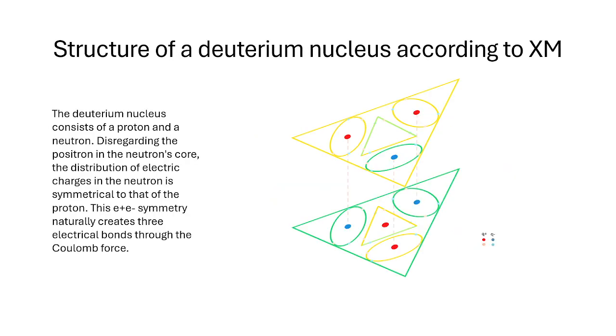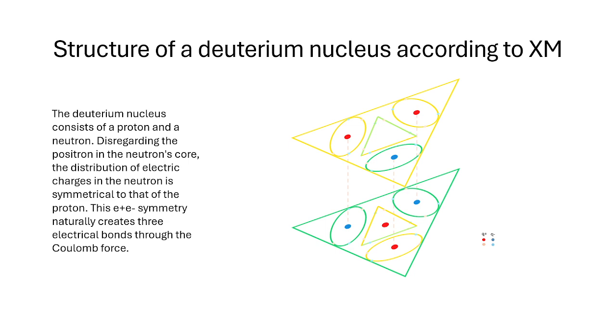Structure of a deuterium nucleus according to XM. The deuterium nucleus consists of a proton and a neutron.